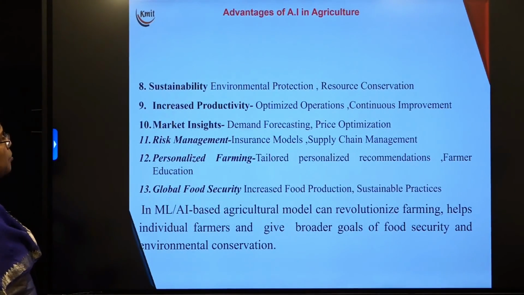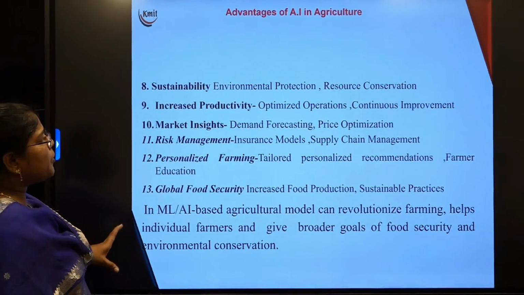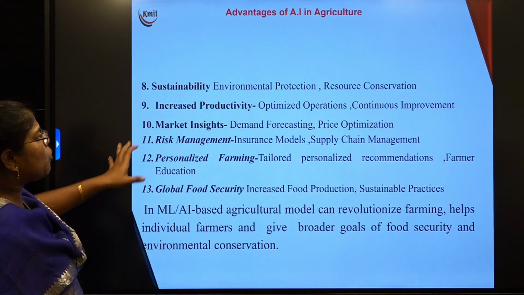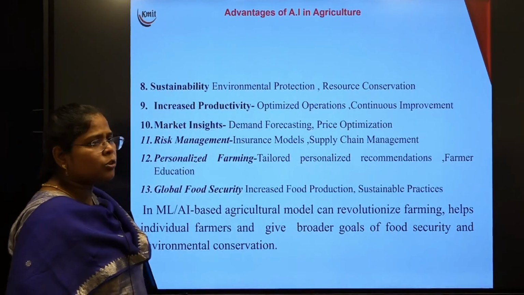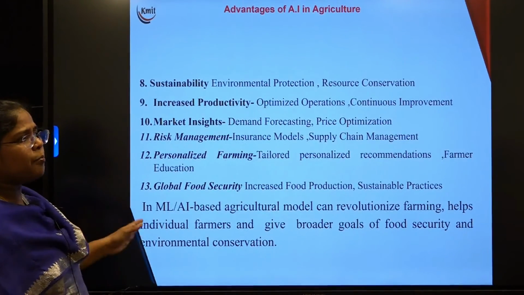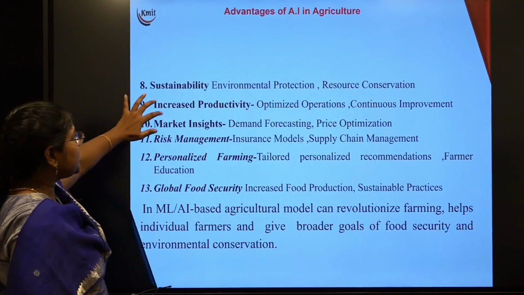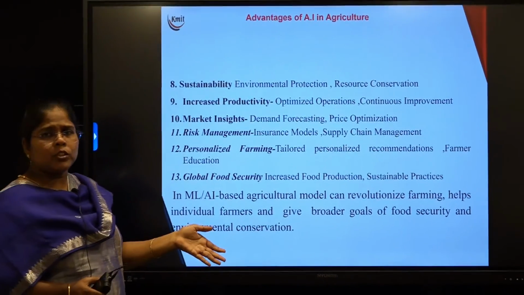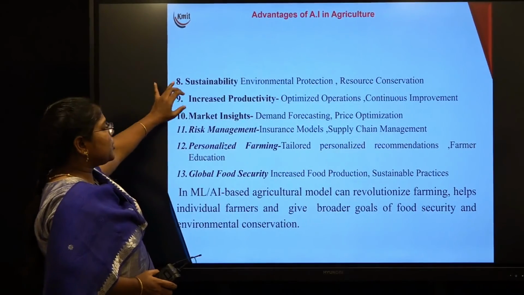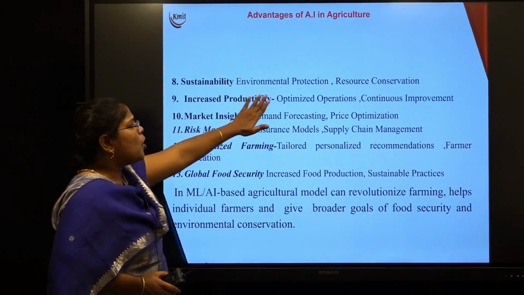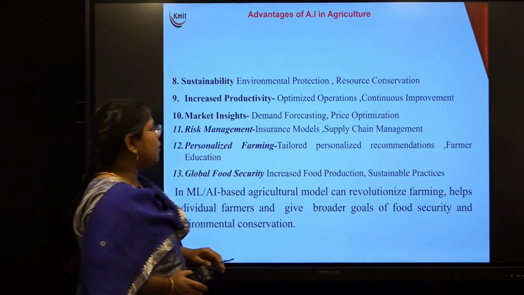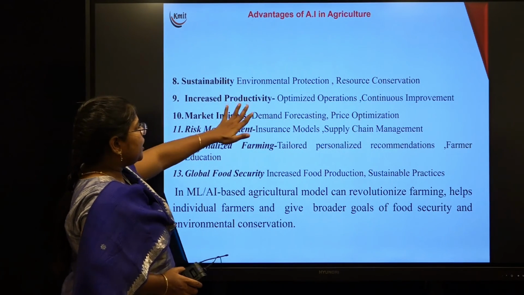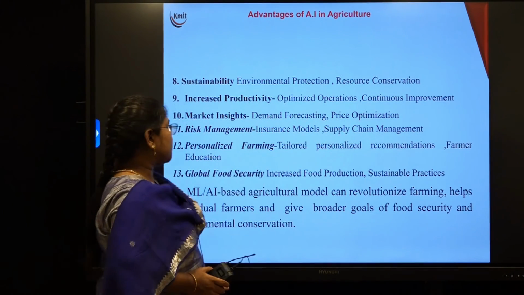Coming to sustainability, once we have developed AI models for agriculture, they should provide environmental protection and also conserve resources. Next, increased productivity. Once we have invested in designing an AI project, it has to increase the productivity of the system, with optimized operations and continuous improvements. Next is market insights, demand forecasting and price optimization.